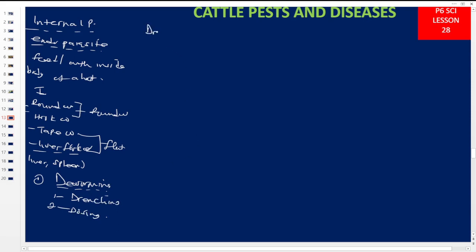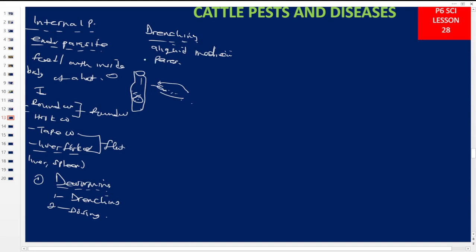Now when you look at drenching, this is the act of giving an animal a liquid medicine in order to kill internal parasites or endoparasites. Like those people in the villages, they get a bottle, they shake it, then it dissolves, then they get this goat or cow, they press the jaws, then they pour the liquid inside, and it is going to kill all those internal parasites.